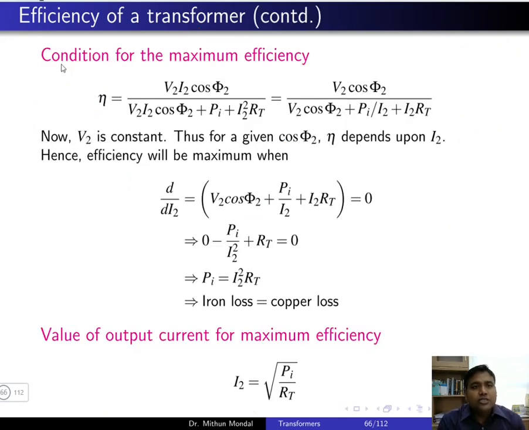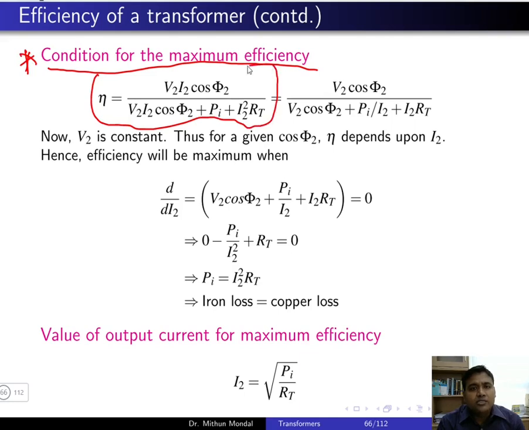So the first question is when the efficiency will be maximum, or the condition for the maximum efficiency. The equation of the efficiency we write in this manner under the full load condition.